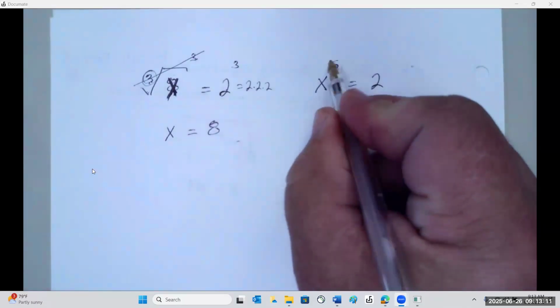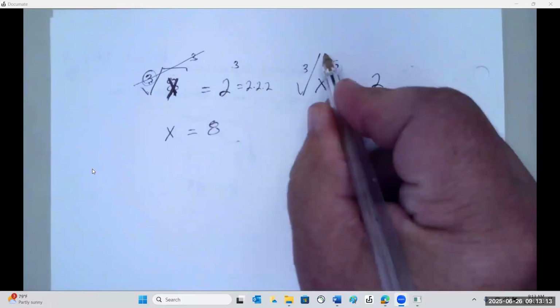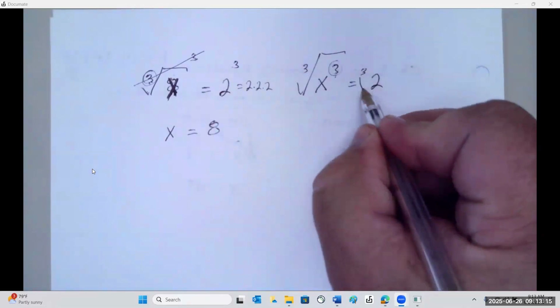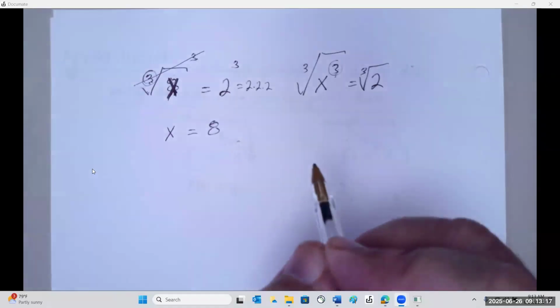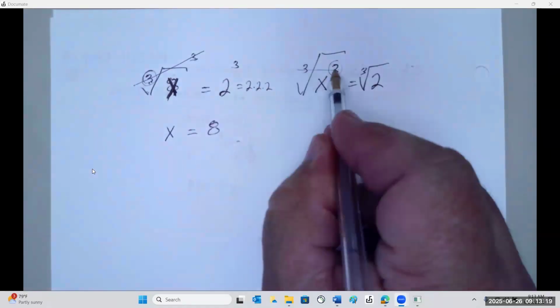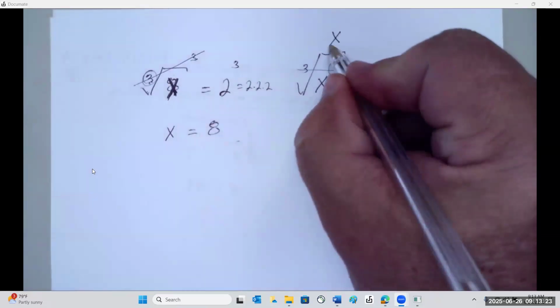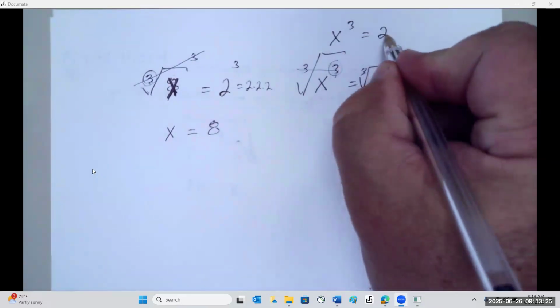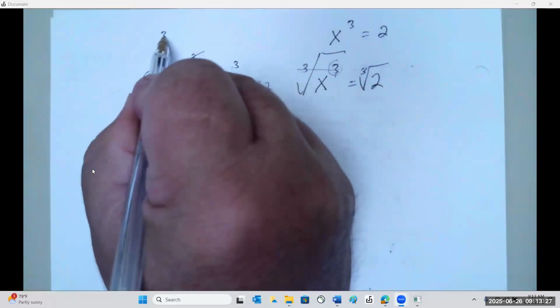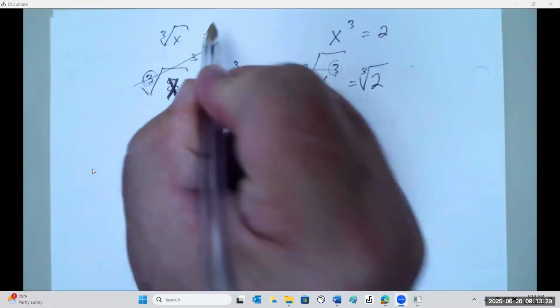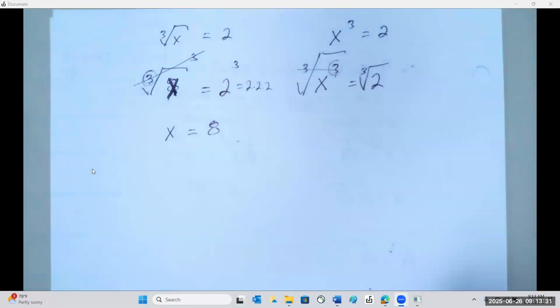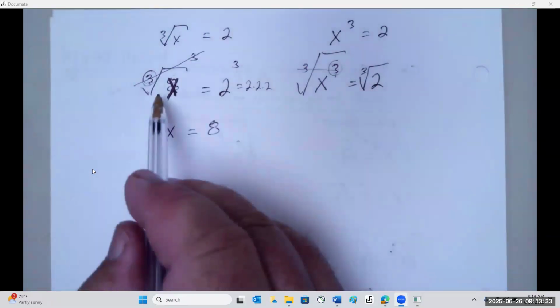This is an exponent, so I have to cube root both sides. I should have left it up there so we see what's happening. So that's what we started off with.